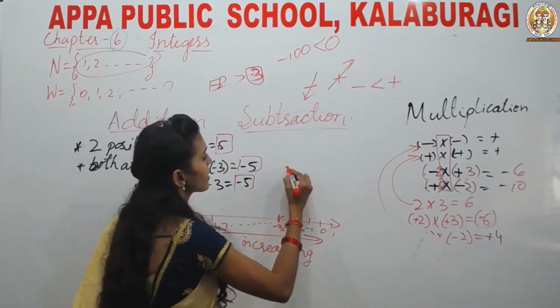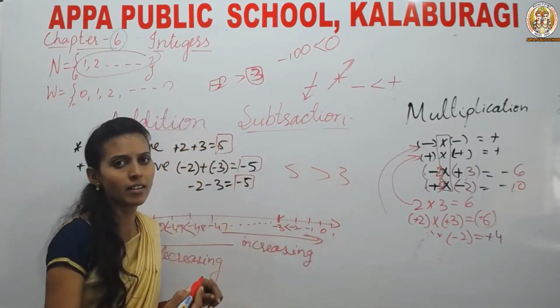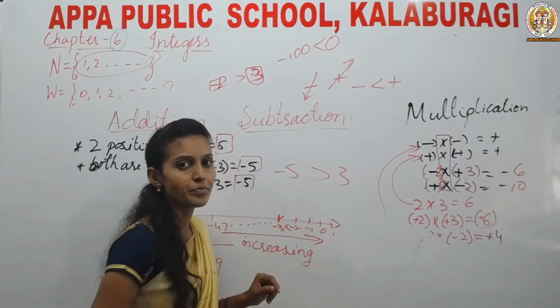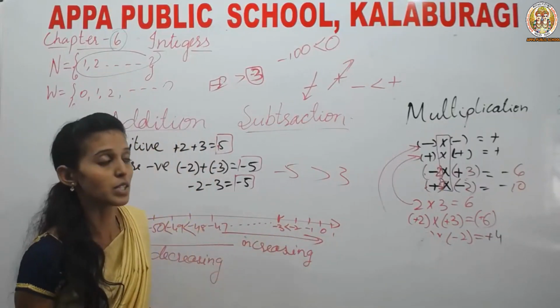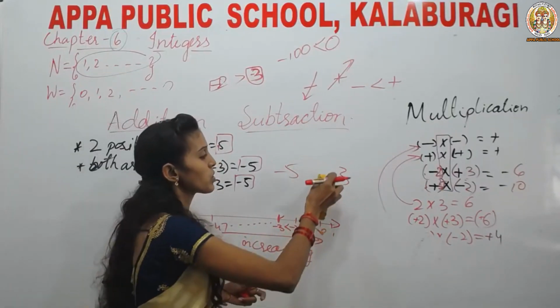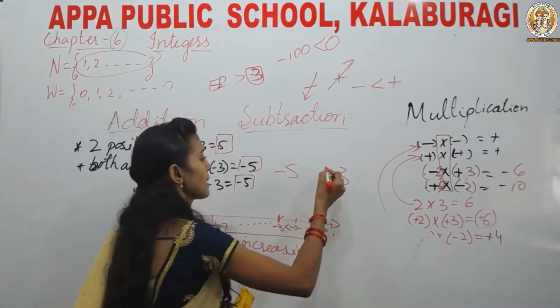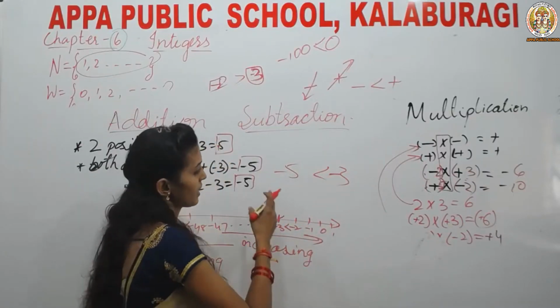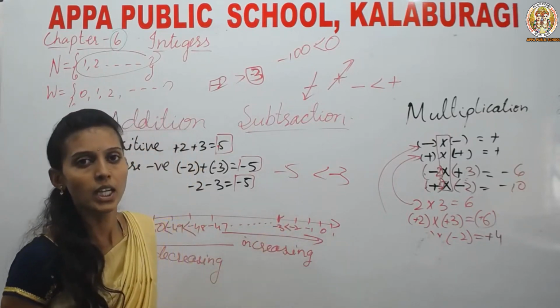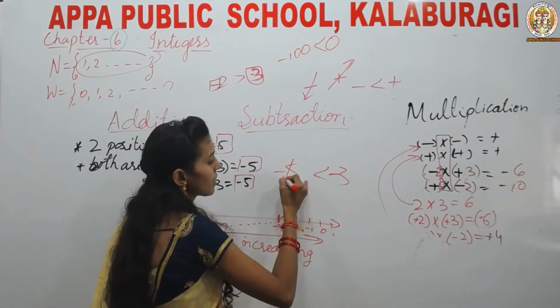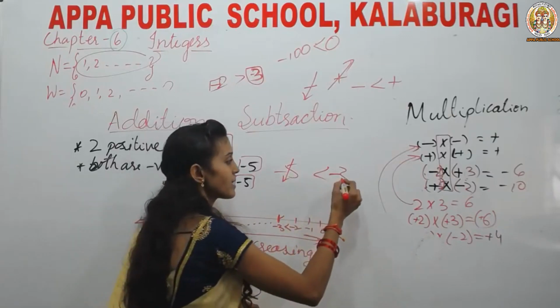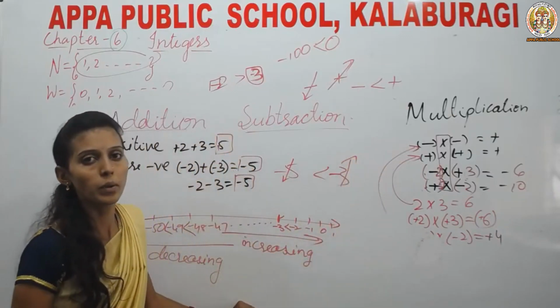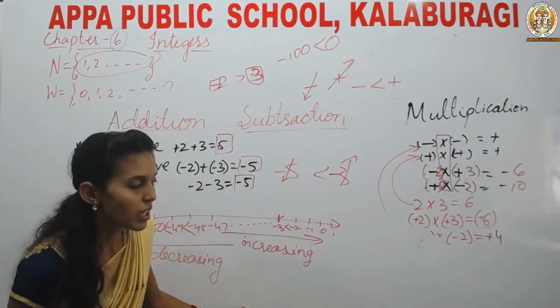If we have 5 and 3, which is the greater number, obviously 5. If minus 5 and 3, negative numbers are smaller than positive numbers. No need to see digits at all. Directly we can say. If both are negatives, again, same. Greater the number, lesser the value. Lesser the number, higher the value. Did you get it? Okay.